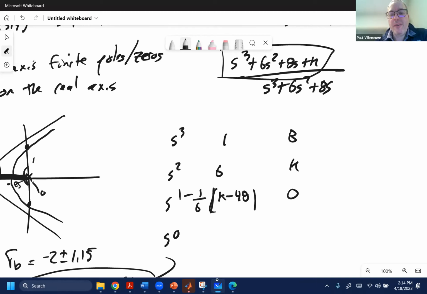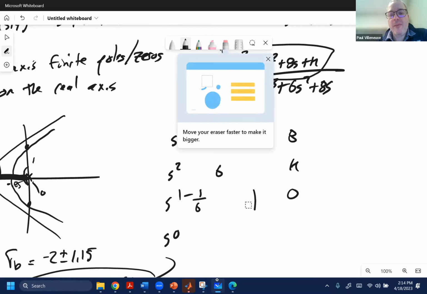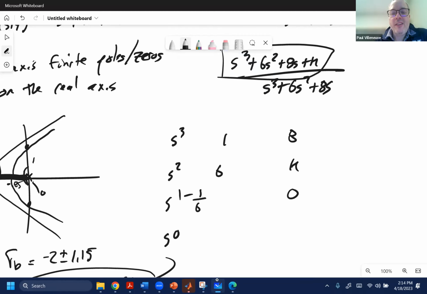Well, actually, let me go ahead and write it out completely, because I'm probably going a little too fast. So this is going to be equal to negative K minus 48 over 6. So K minus 48 has to be less than 0, right?